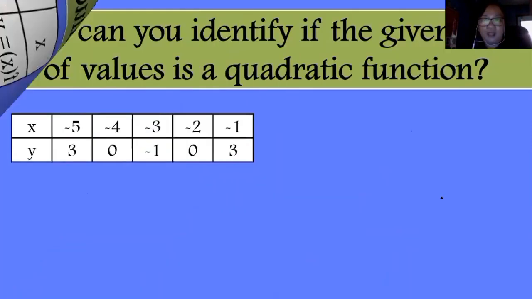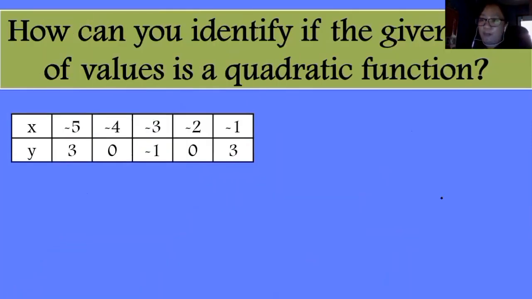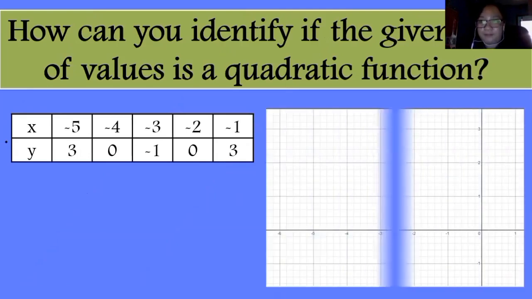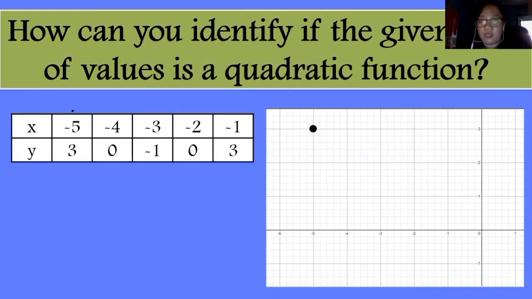Another way to represent a quadratic function is by its graph, meaning you have to plot these points on the Cartesian plane. So let's do (-5, 3), (-4, 0), (-3, -1), (-2, 0), and (-1, 3).